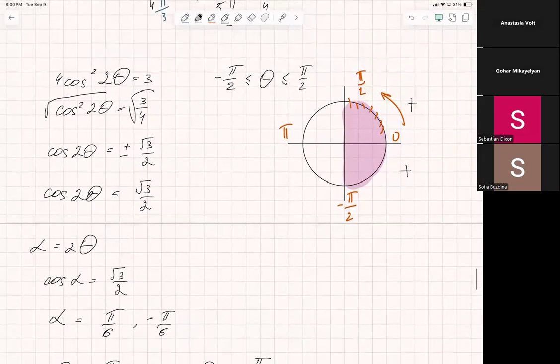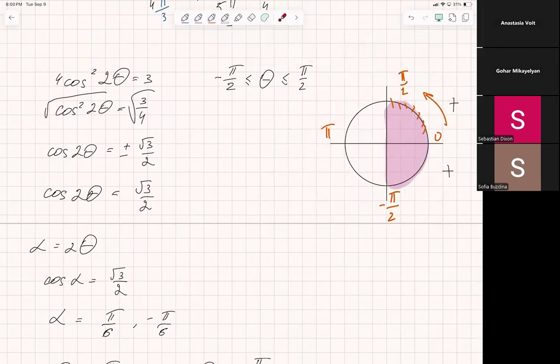Give me a second. All right. Ooh, wait, yeah. Okay, so let me take that back a little bit. So we have the restriction on the theta, right? But here we have 2 theta.